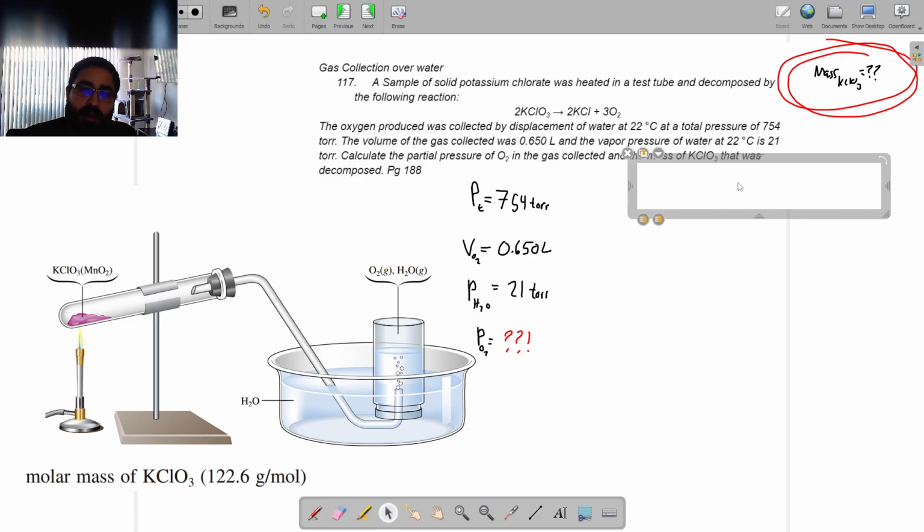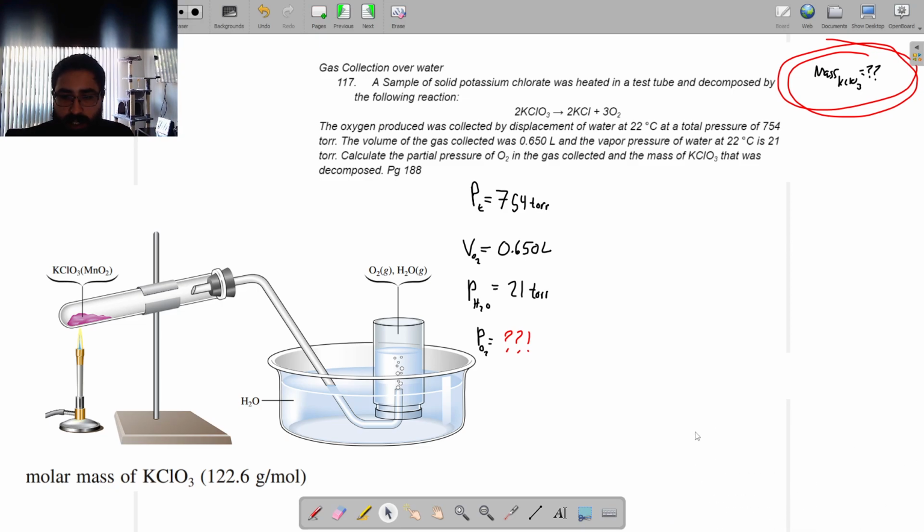Now, Dalton's law of partial pressure is very simple. The total pressure, which we know is 754 torr, is equal to the pressure of all the gases added up.